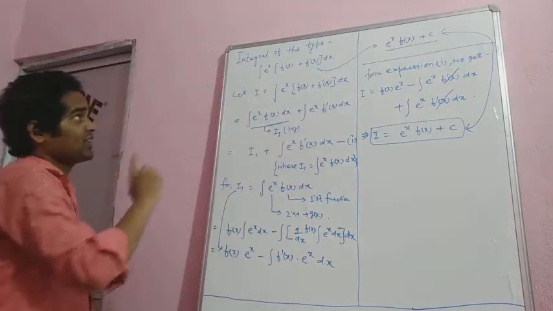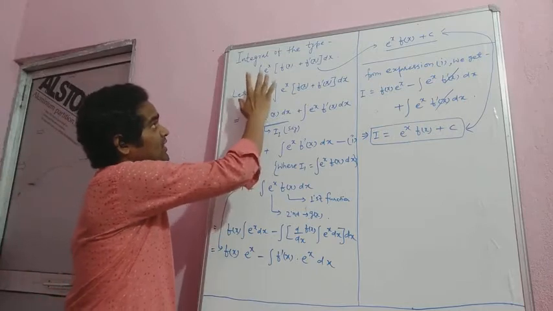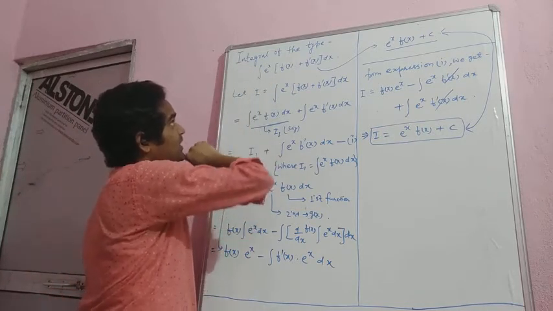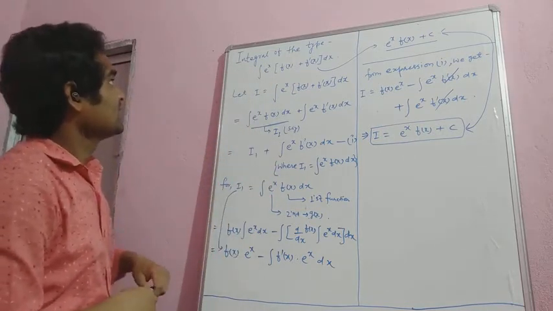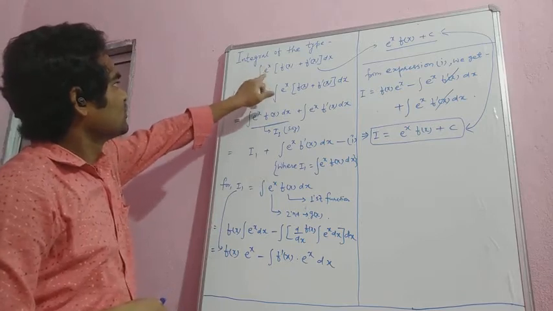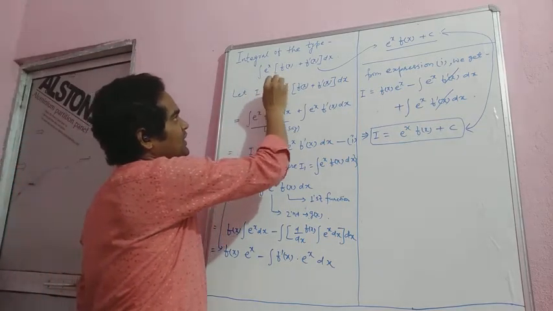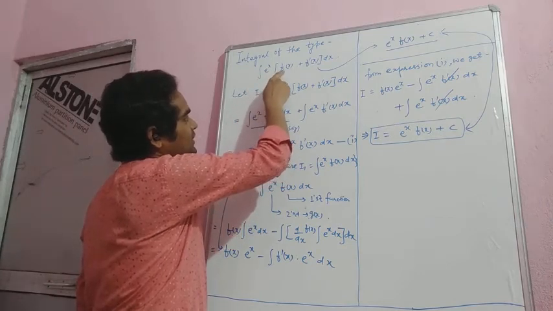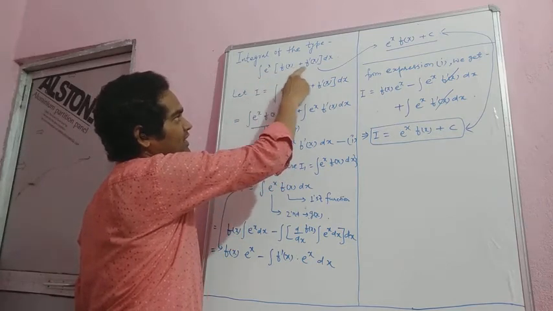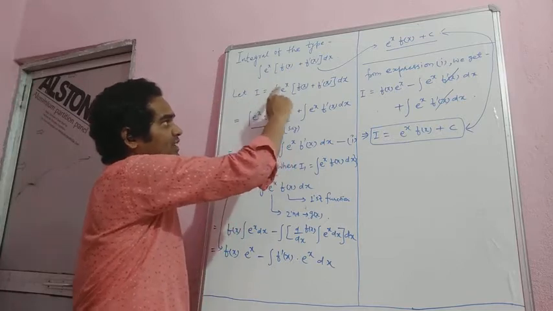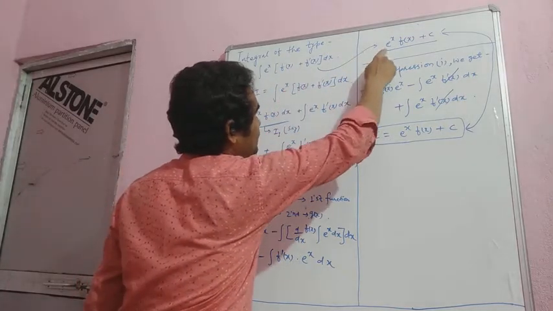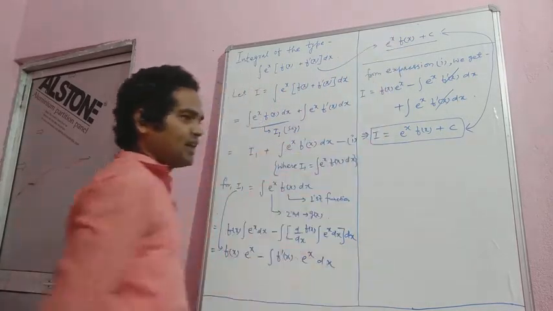That means if we are given the type of integral e to the power x into the sum of a function and its derivative, then we can directly write e to the power x into f(x).